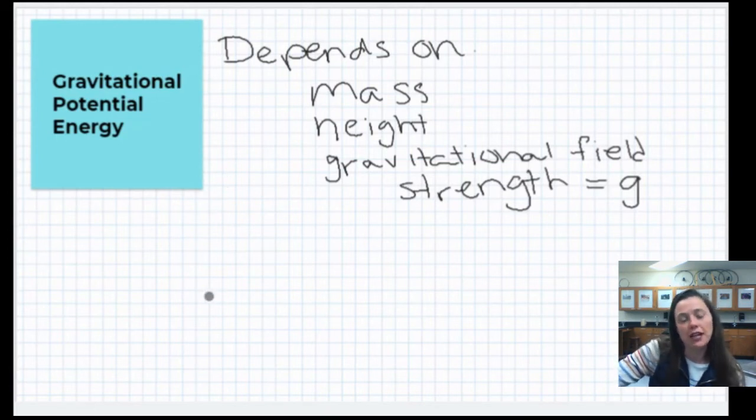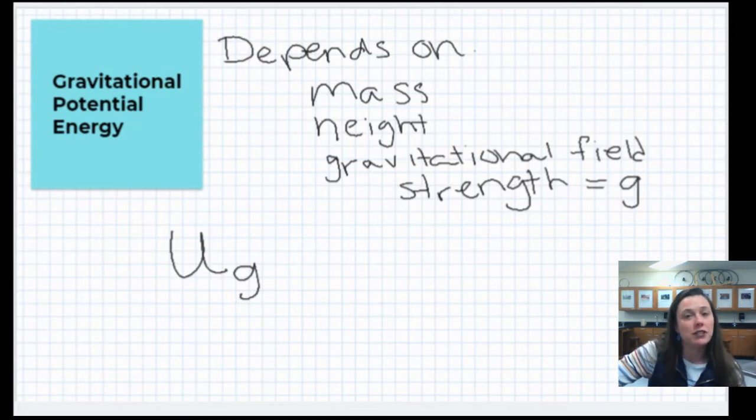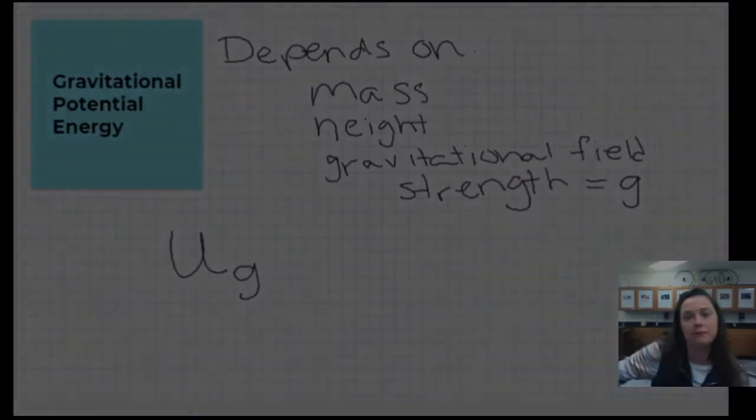Since gravitational potential energy is a potential energy, the notation we usually use is the capital letter U. U is used when we are denoting a potential energy. We then add a subscript G to show that this is gravitational potential energy.